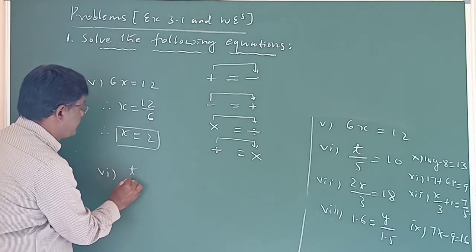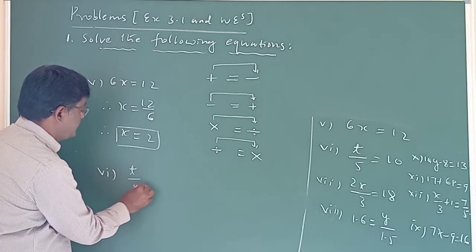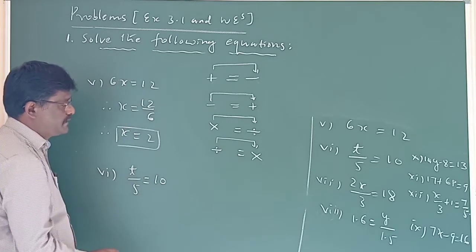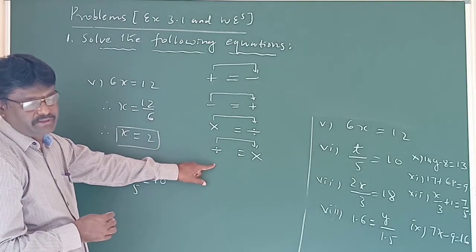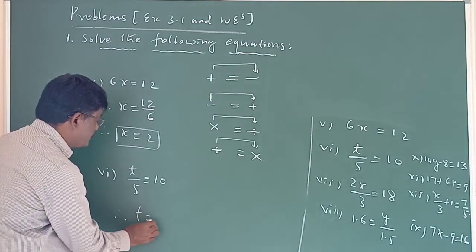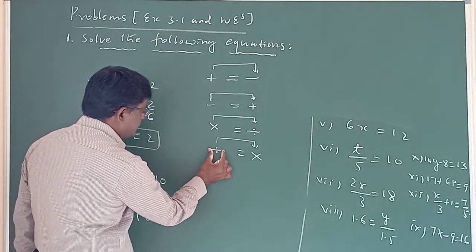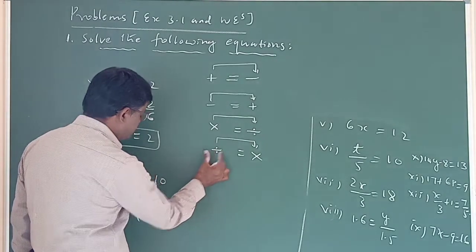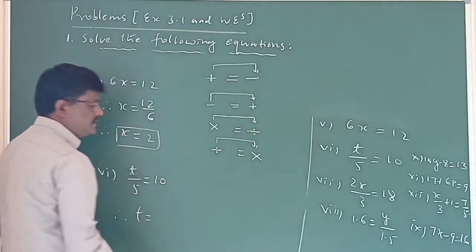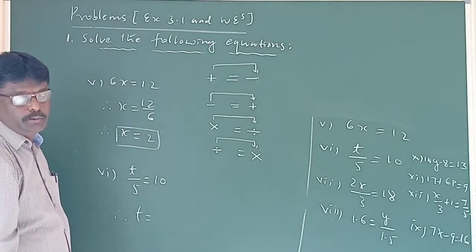Let us take now the sixth one. t by 5 equal to 10. Now it is in which form? Division form. Therefore, t equal to, the simple rule is this: when you send this division, divided by, to the right side, it is converted into product form.